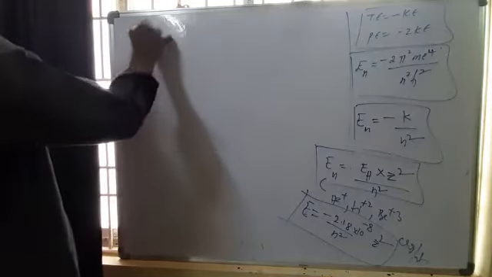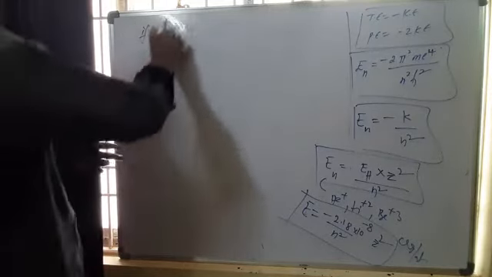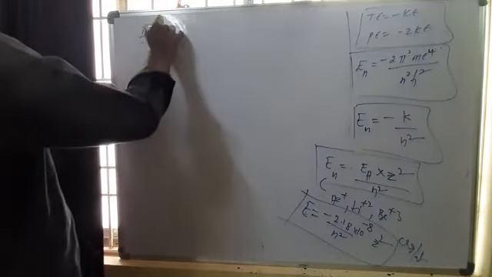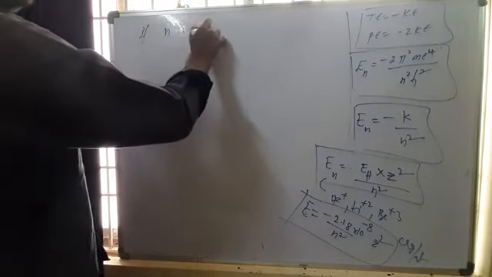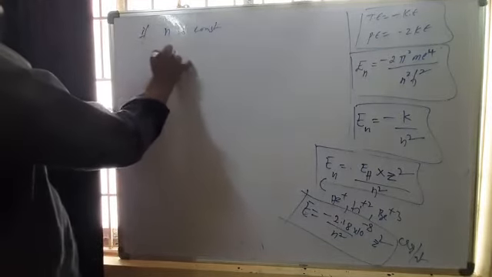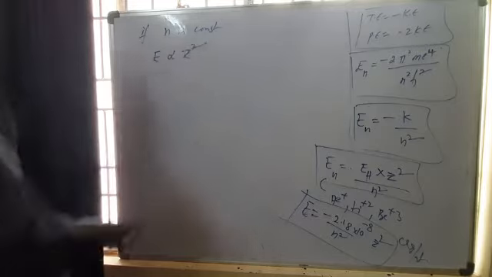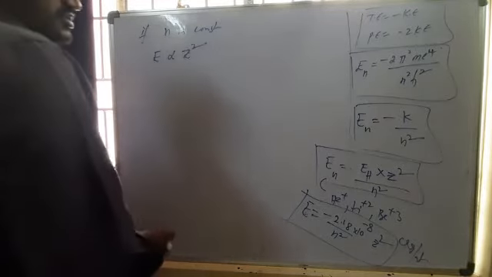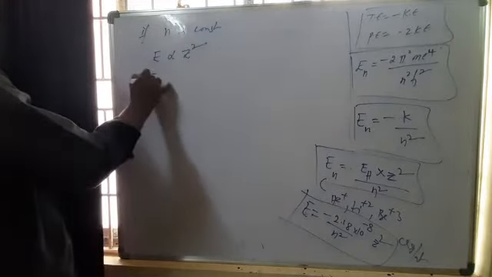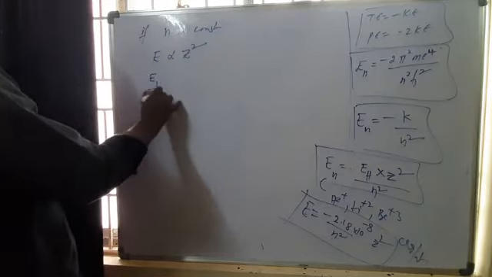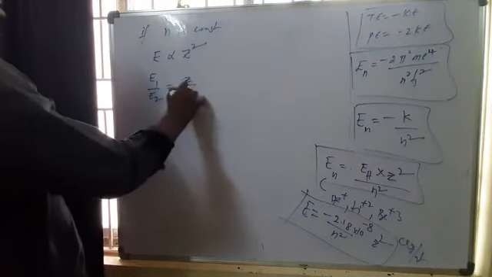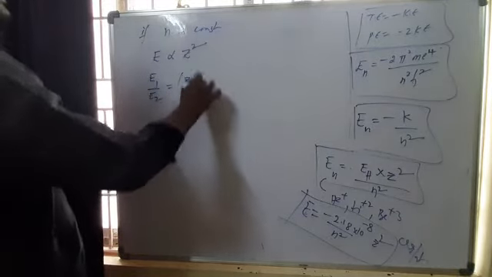From these values you can understand that if n is constant, then energy is directly proportional to Z square, so E1 by E2 equals Z1 by Z2 whole square.